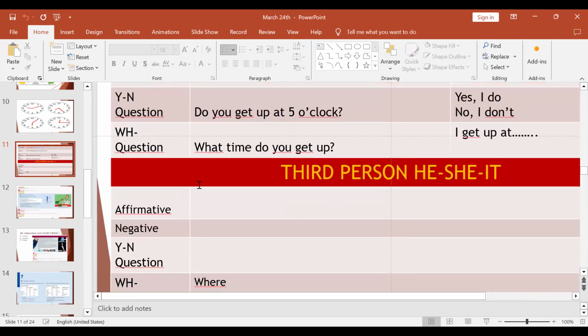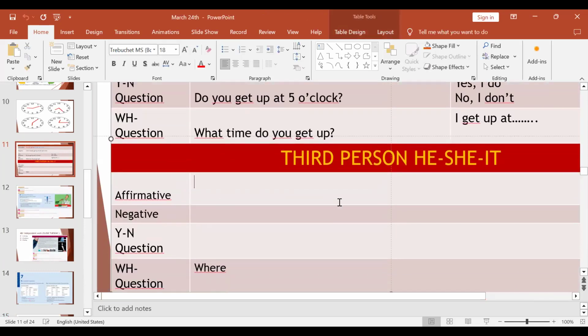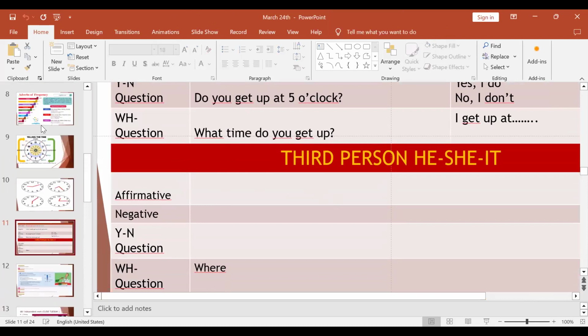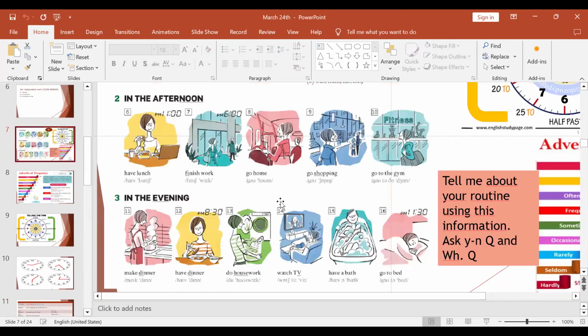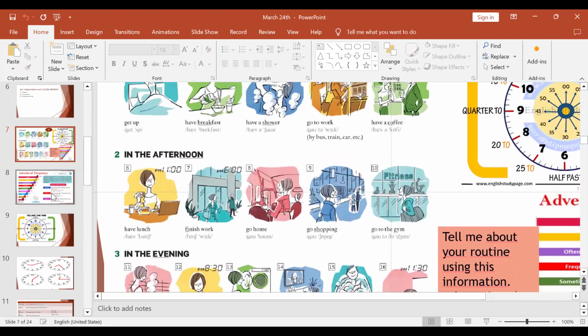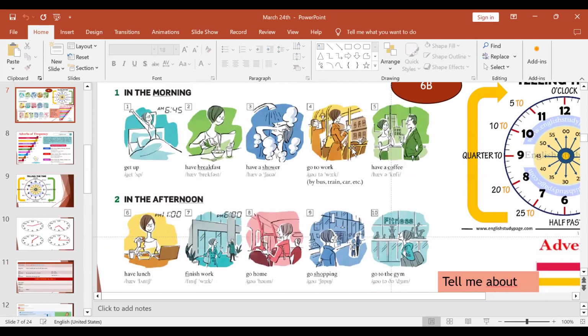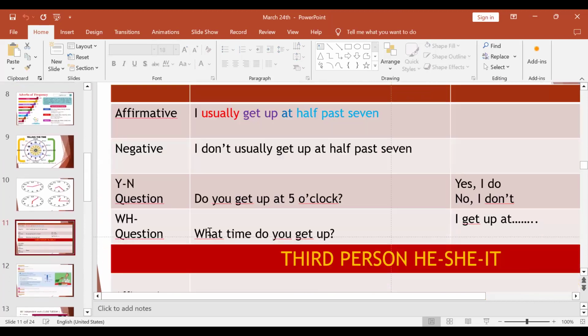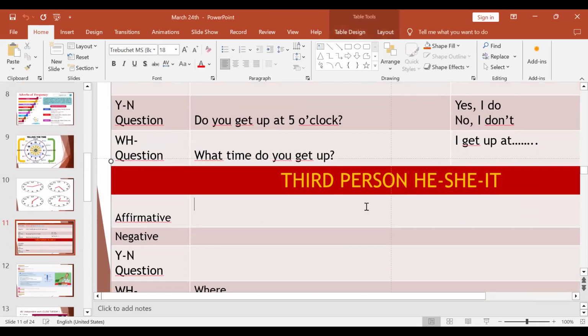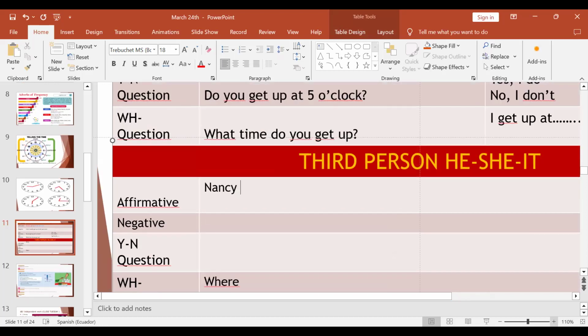Tell me, affirmative. Hacer con which one? Which activity? Have breakfast, okay? Mucho hemos hecho con have. Vamos, go to work. So affirmative. Let's say, let me see, Nancy. Ya no quiero decir she, voy a decir Nancy. Ayúdenme a completar con go to work.